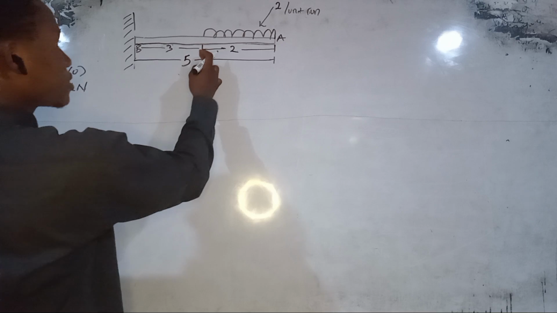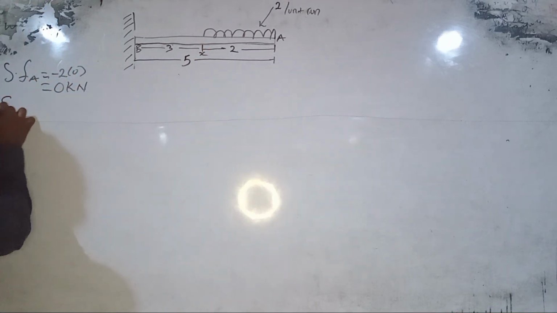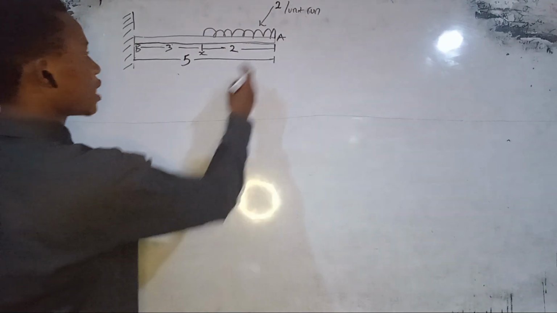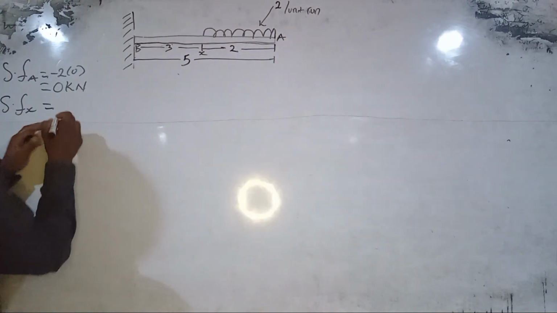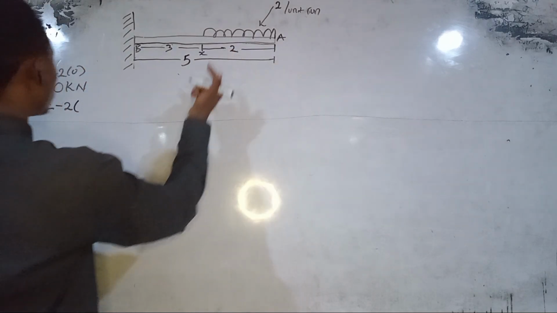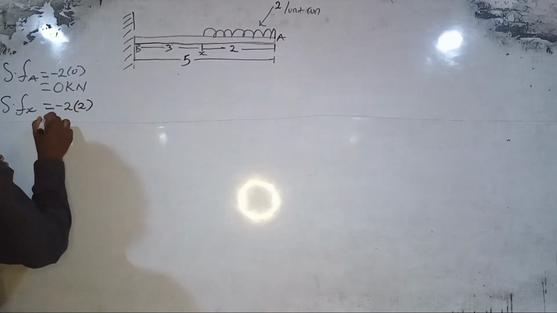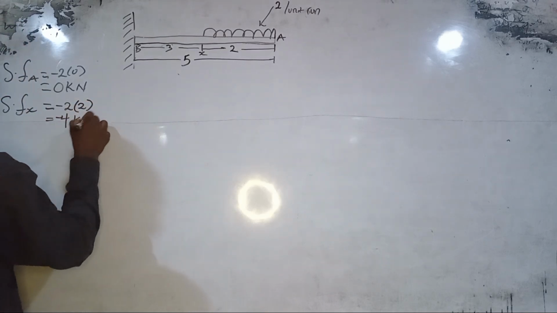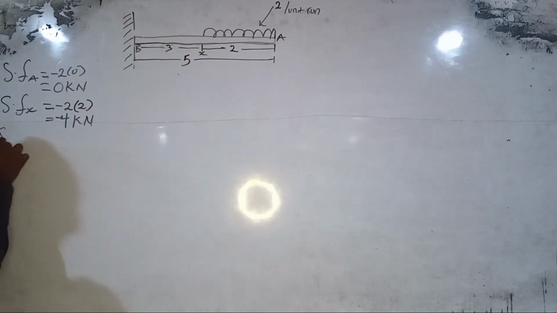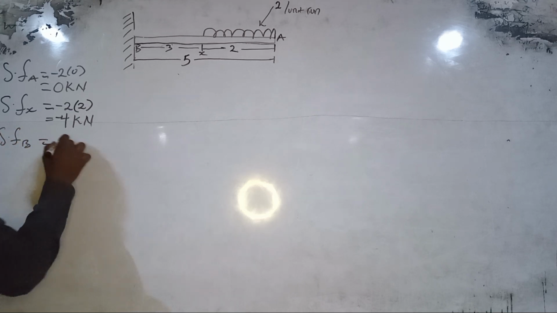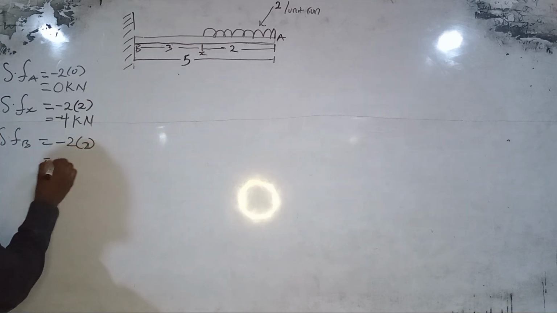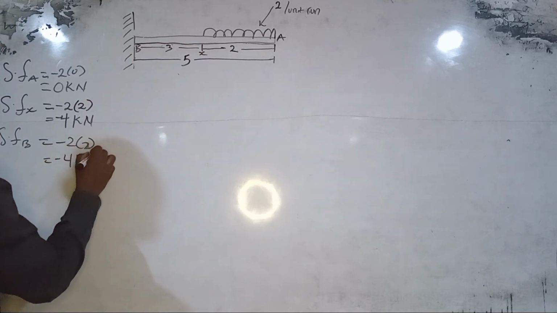And at X, our shearing force will be equals to this load here times the distance from A to X, which is minus 2 times 2, which is equals to minus 4 kilonewton. And then our shearing force at B, since there is no extra load, is still minus 2 times 2, so it should still be minus 4 kilonewton.